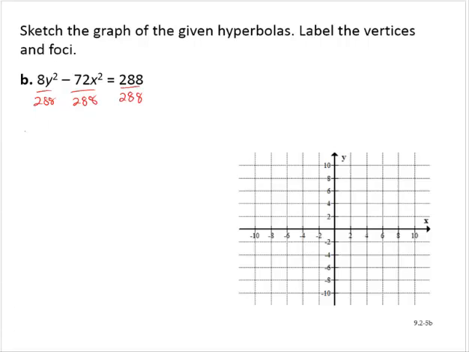After we do some reducing, we would have y squared over 36 minus x squared over 4 is equal to 1.